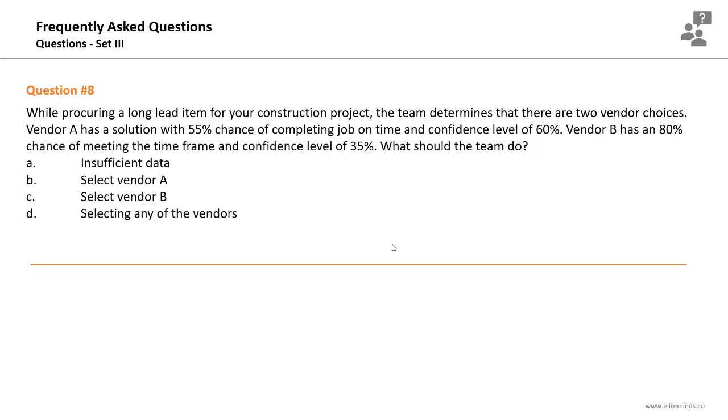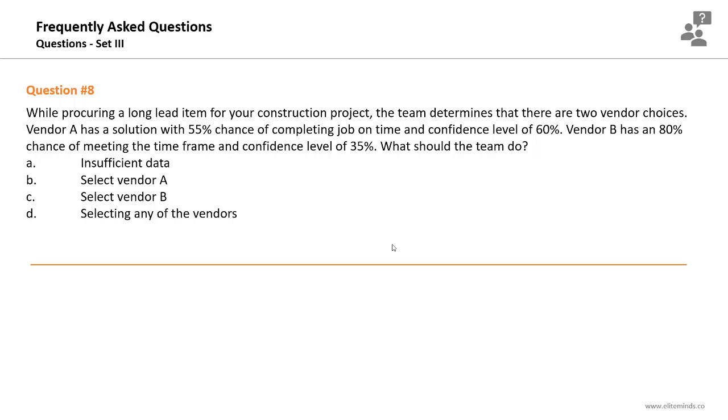So here we have information about vendor A. There is 55% chance of completing the job on time with a confidence level. To answer this question, just multiply the confidence level by the probability, okay, and select the vendor with the higher value, because the probability of chance or the probability of success was given, not failure.